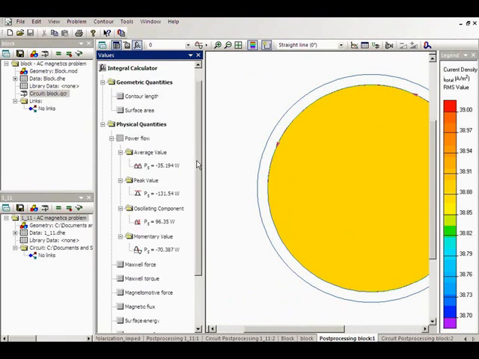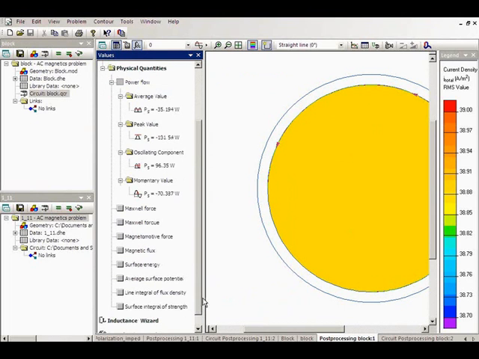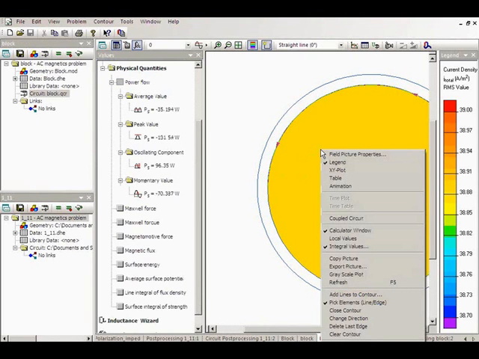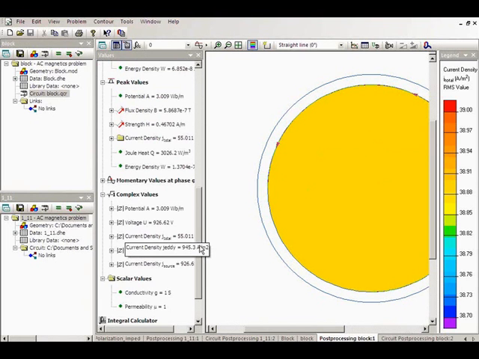And we can look at the total power flow, as well as individual locations inside of the solution region. This gives us our Joule heat.